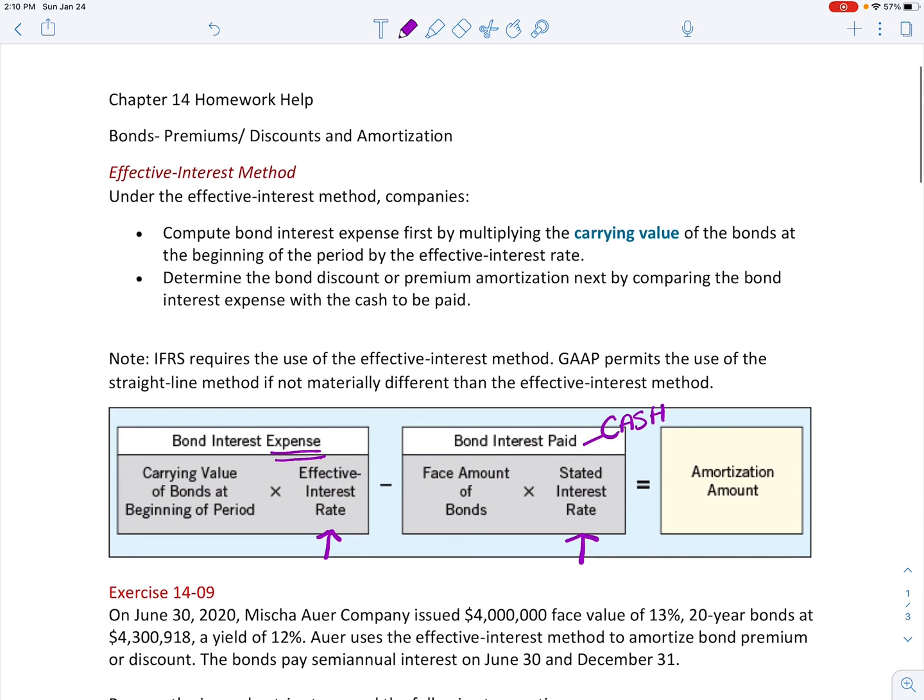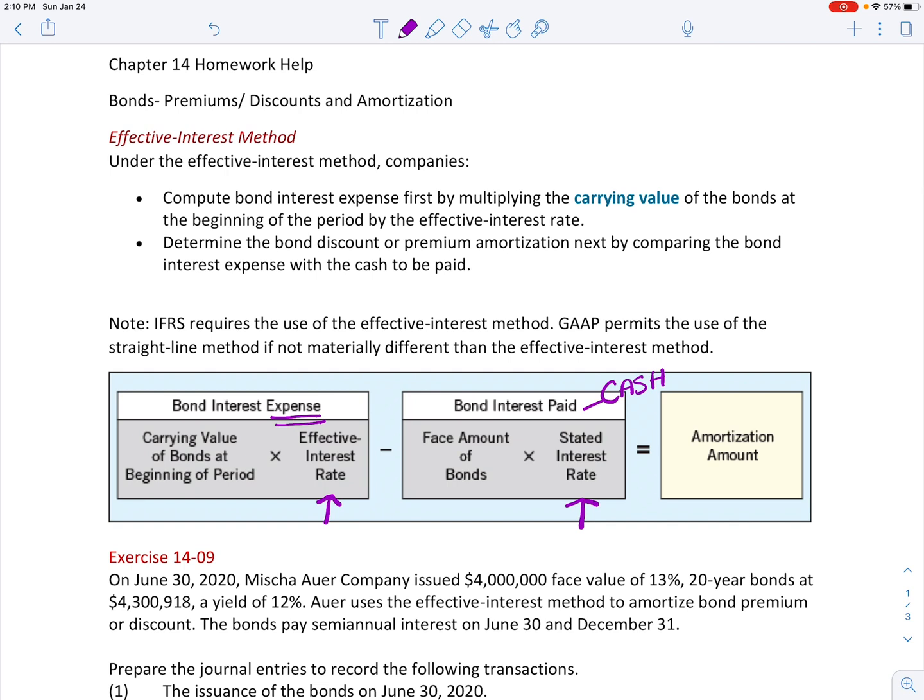So, just to kind of review, your bond interest expense is your debit. Your bond interest paid, that's the cash amount, that's going to be your credit in your journal entry.